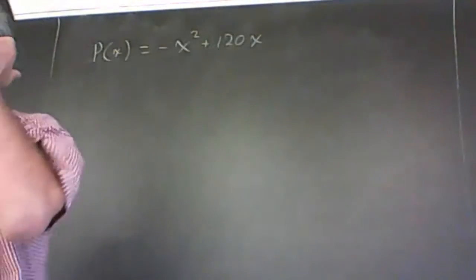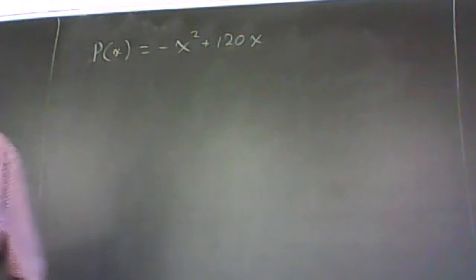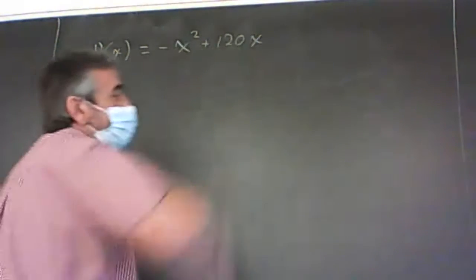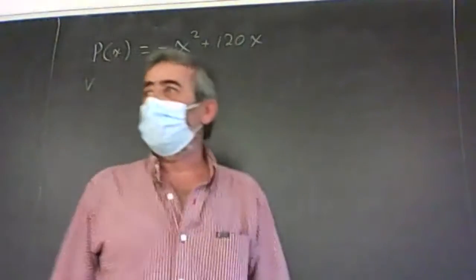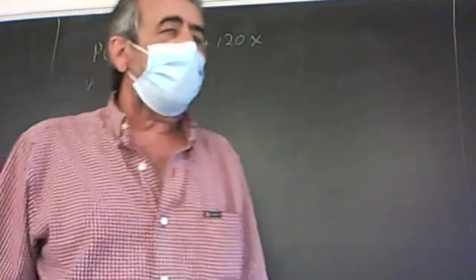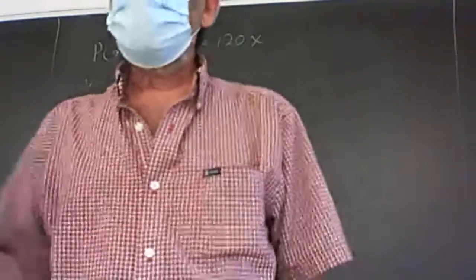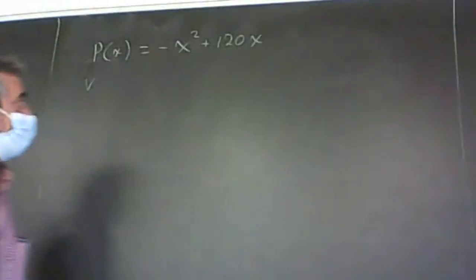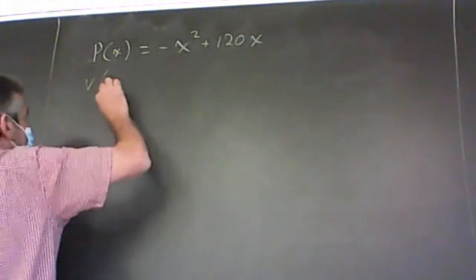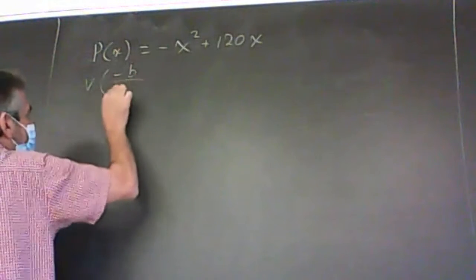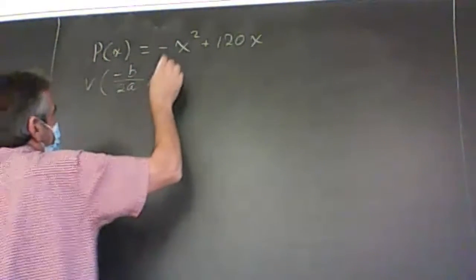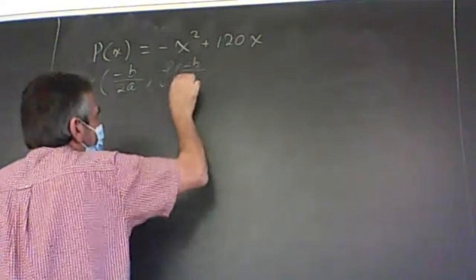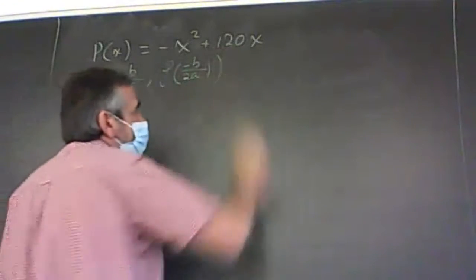So the first step is to determine what the vertex is. So let's look at the vertex. This parabola is given in the form of ax squared plus bx plus c, where c in this case is 0. So V is minus b over 2a, and then the value of the function at minus b over 2a.